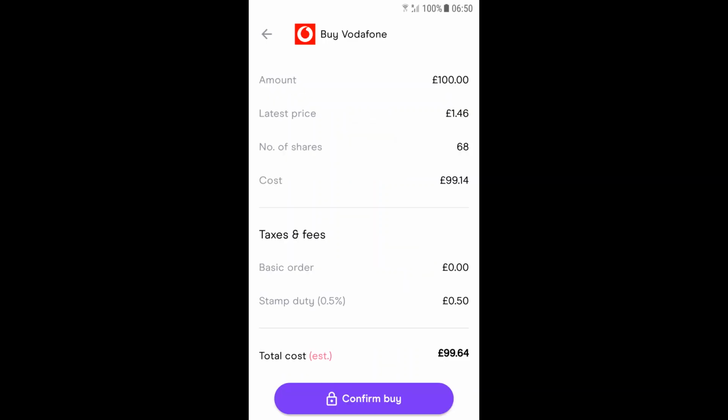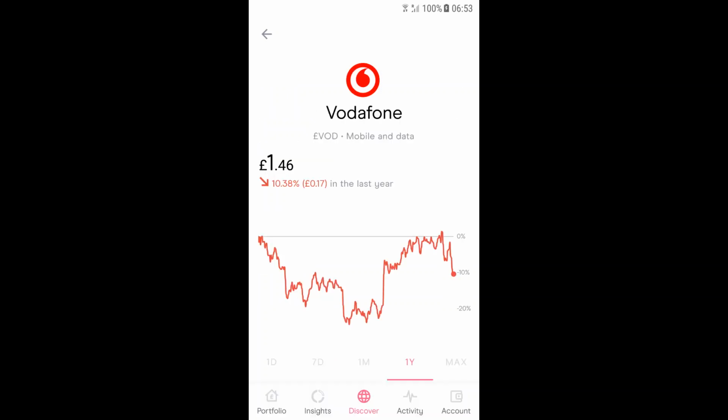So it's a great purchase, and even though Vodafone isn't turning over a big profit, it is an undervalued stock, and Morningstar has, I think, given it a 3-star rating, which was one of the reasons that prompted me to purchase this. In the long term, it's still a good stock to hold, because it is one of the main brands in the UK that a lot of people tend to use.